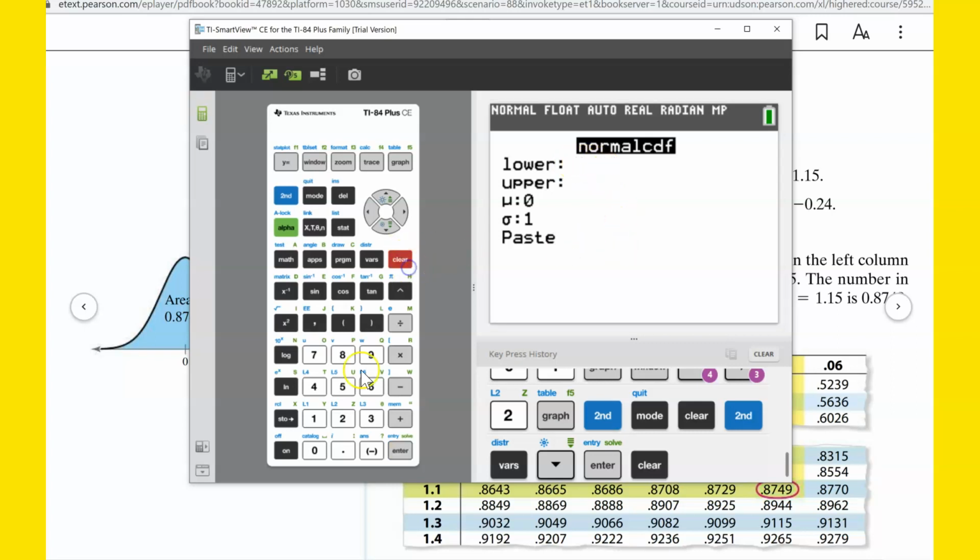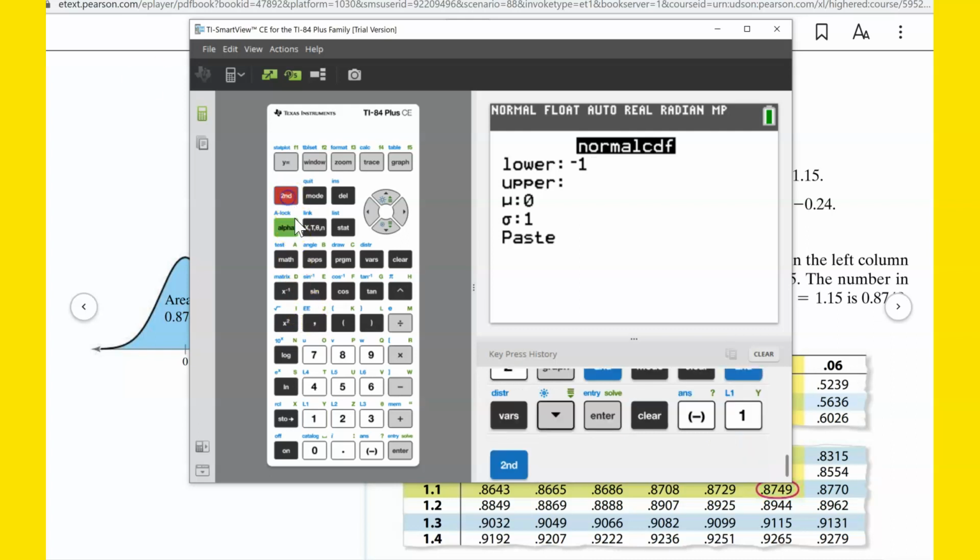Let me show you how to type that in. -1, and then this is the exponential button to do scientific notation, like times 10 to the something. The double capital E right there. You click that, and that means times 10 to the, and you put 99. So that's -1 times 10 to the 99th. So that's a very large negative number. The upper bound, we're going to put 1.15.